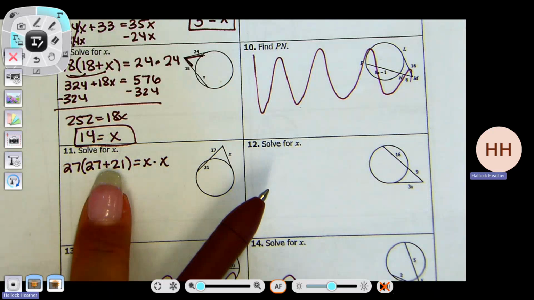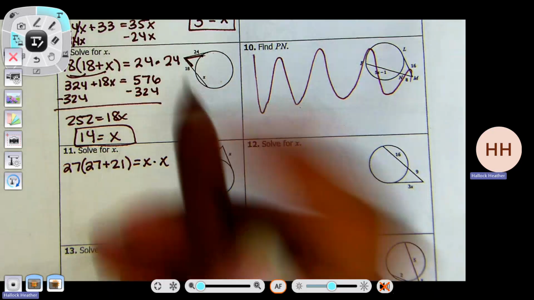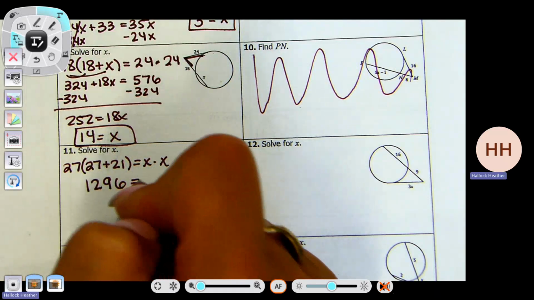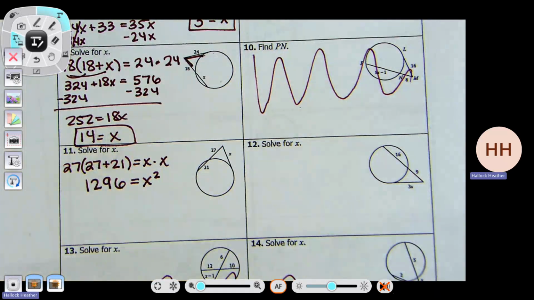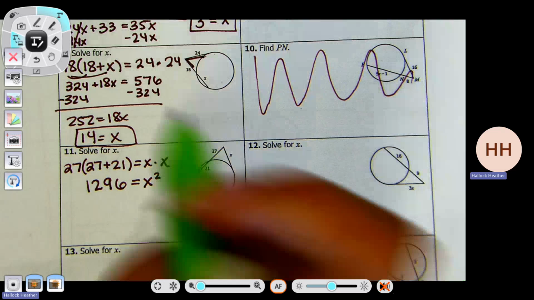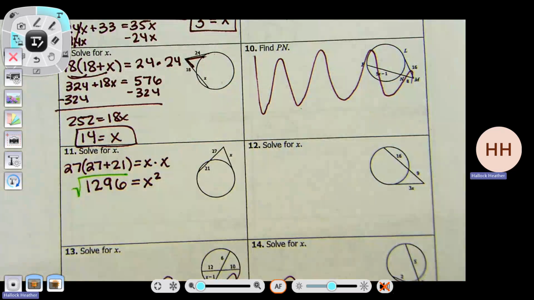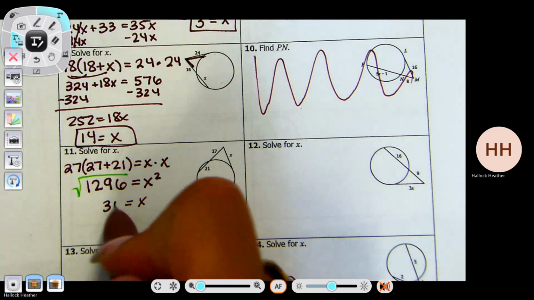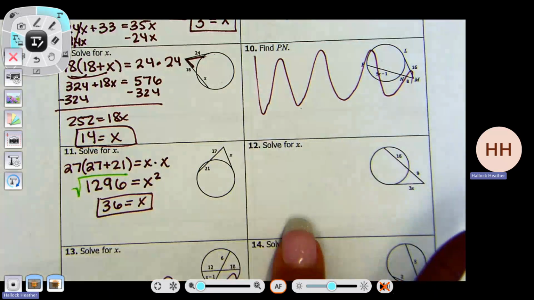What's 27 plus 21 multiplied by 27? 1,296 equals x squared. How do we get rid of the squared? Square root it. It is 36.